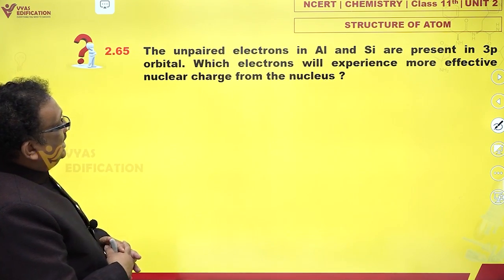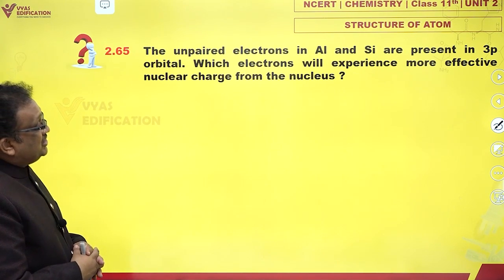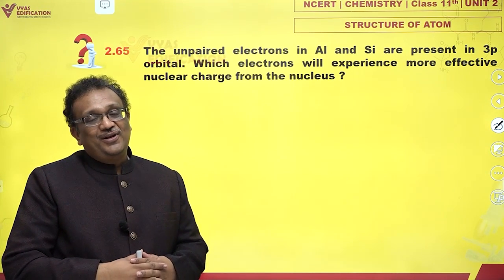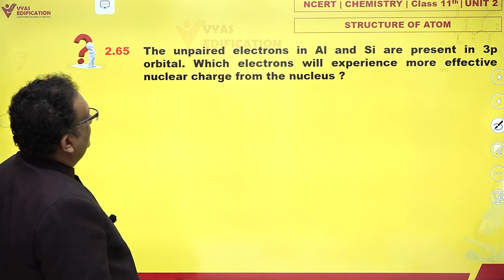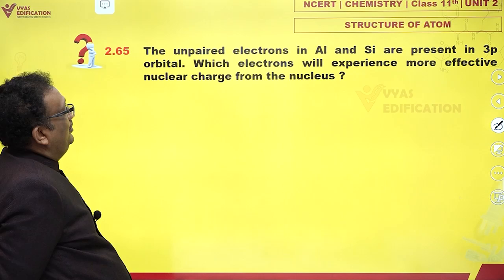The unpaired electrons in aluminum and silicon are present in 3p orbital. Which electrons will experience more effective nuclear charge from the nucleus? Aluminium and silicon.